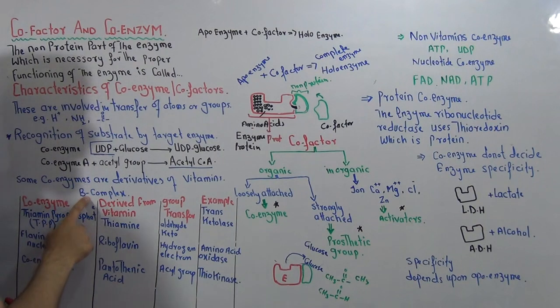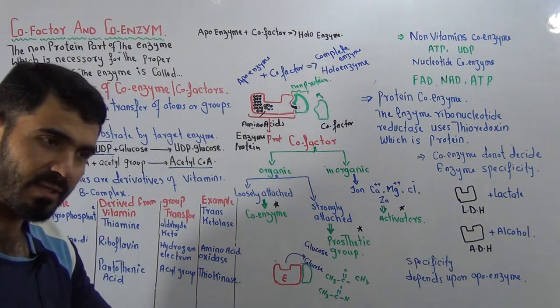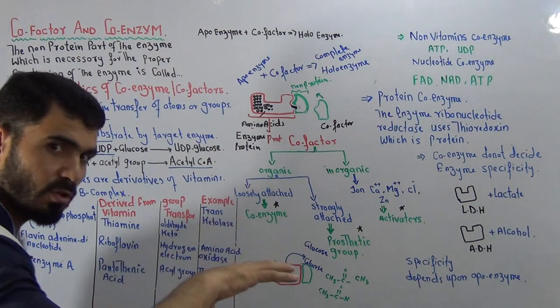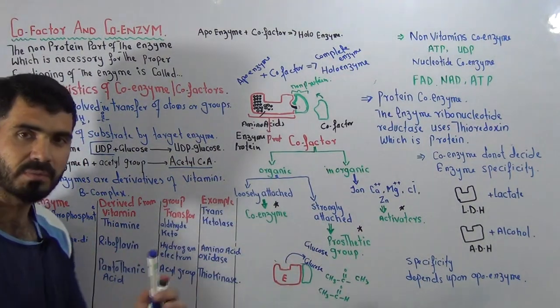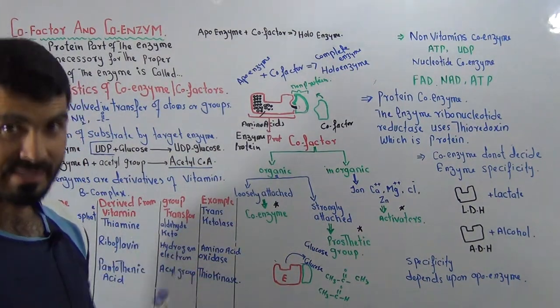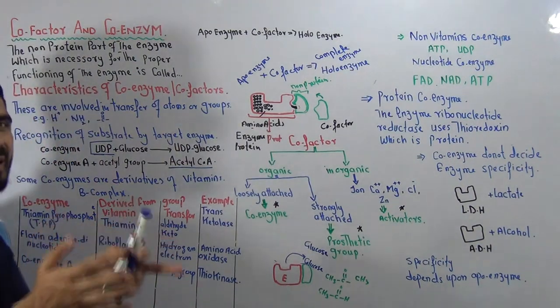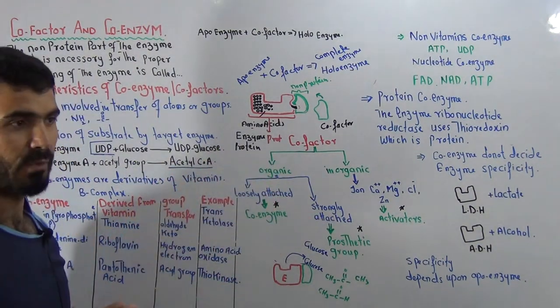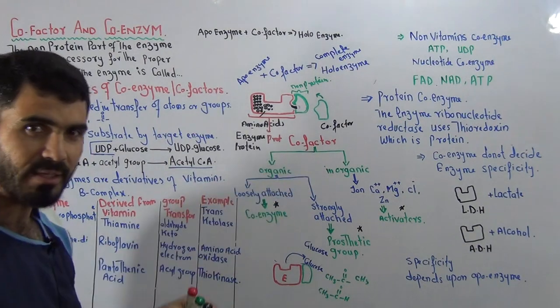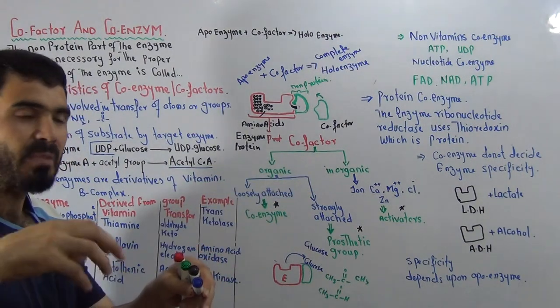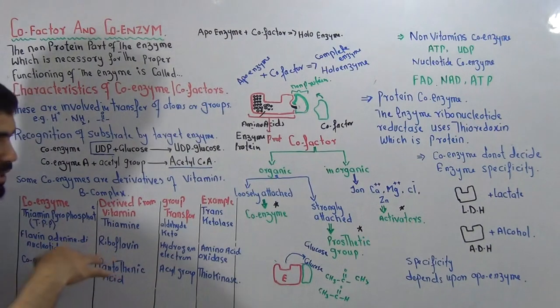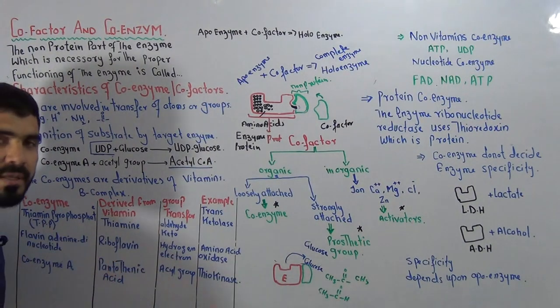You know, there are fat soluble vitamins A, D, E, and K. Water soluble vitamins include vitamin B complex and vitamin C. Vitamin B complex contains a lot of vitamins. Some of these vitamins just become coenzymes.